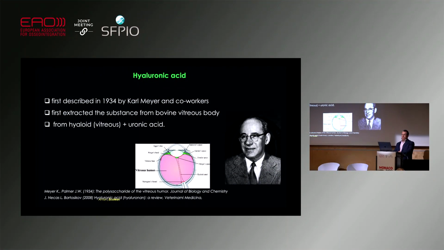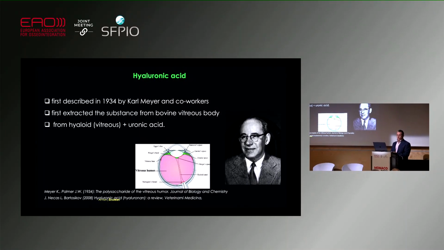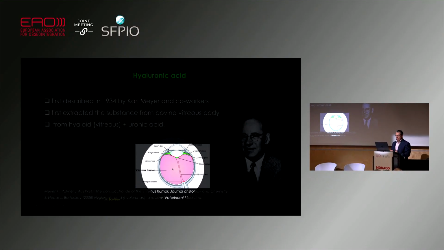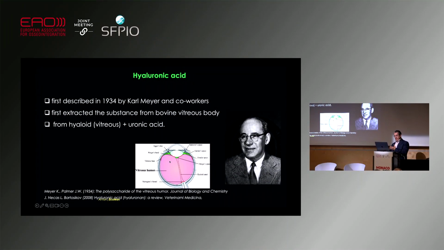So in fact, we are talking about a material that is not novel, because this substance was first described almost 100 years ago, and the name originates from this part of the eye, the so-called vitreous humor, because they isolated it from there. If you look at the medical and biological literature, we have thousands of papers dealing with hyaluronic acid.